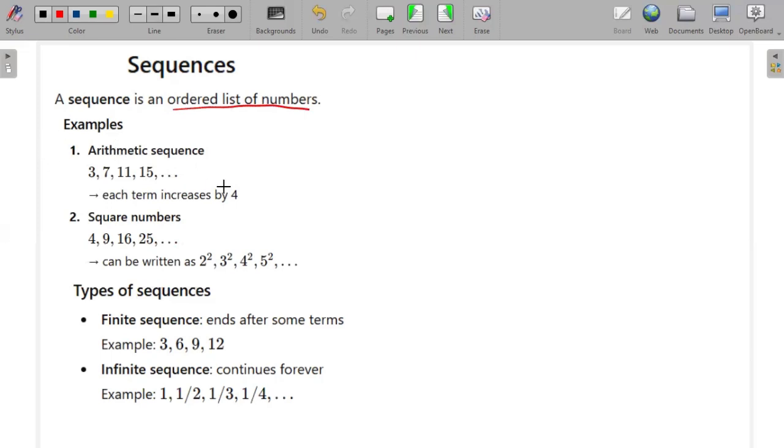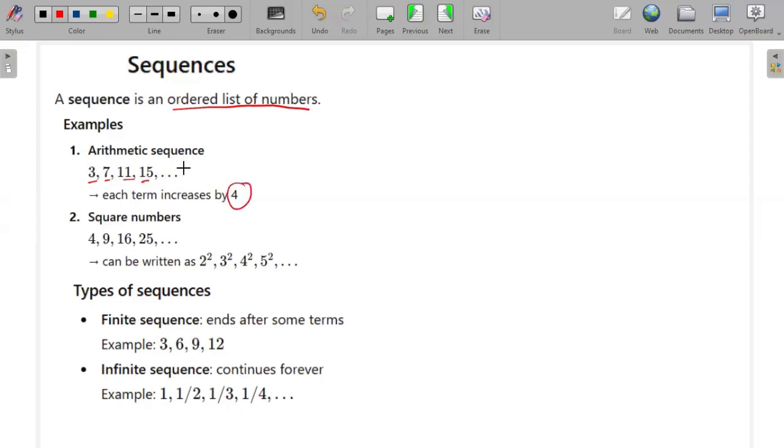Now, for example, here we have the arithmetic sequence: 3, 7, 11, and 15. You see these dots here; the dots just mean it continues up to infinity, which we'll understand in a moment. Each term in this sequence is increasing by 4.